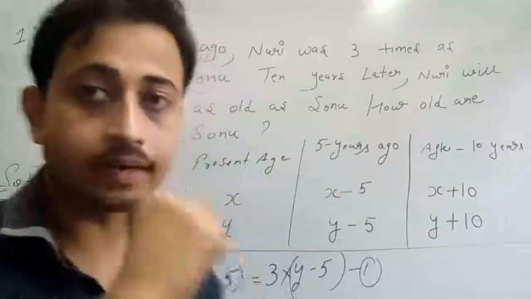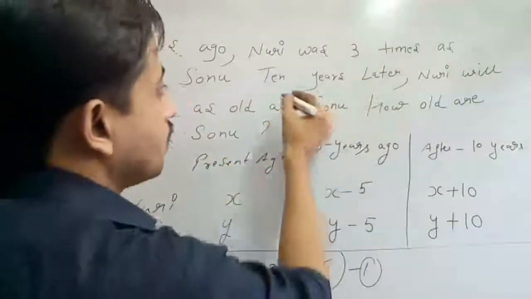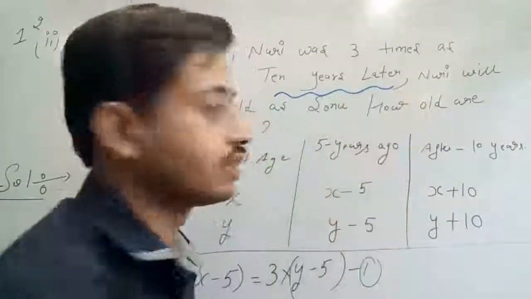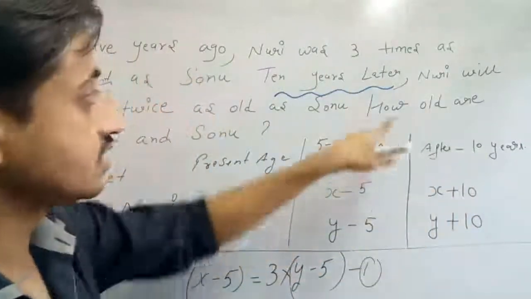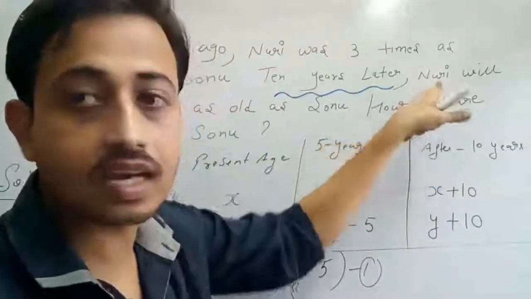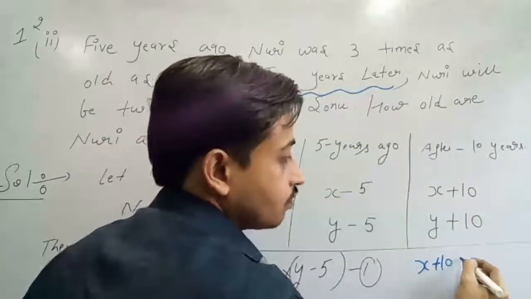Now read the second part. 10 years later. Now we are talking about 10 years later. 10 years later means this age. Read the statement. Noori. What's the age of Noori? X plus 10.